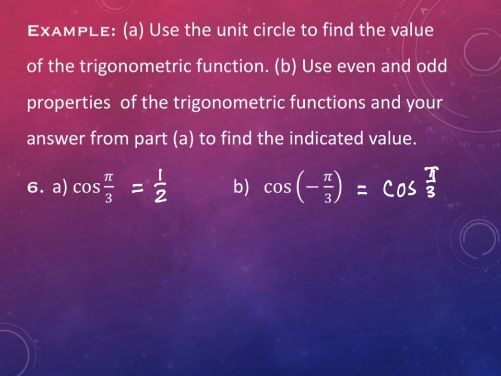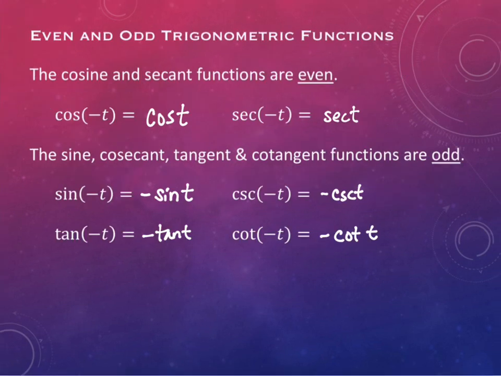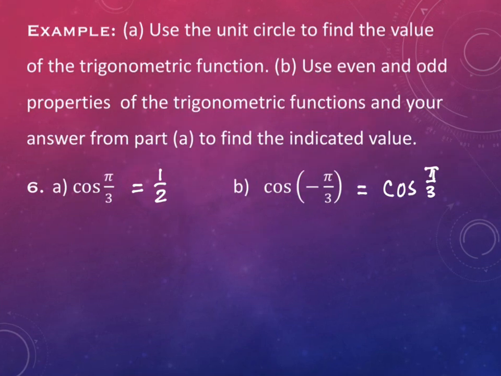That's what this identity says. Cosine of t and cosine of negative t are exactly the same. So cosine of negative pi over 3 is the same as cosine of pi over 3, and I know what that is. It's 1/2. So I don't have to go through the process of doing it with a reference angle when I've got even and odd identities at my disposal.